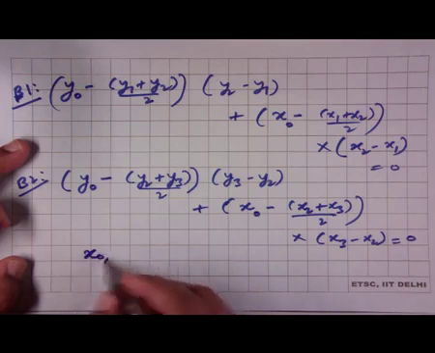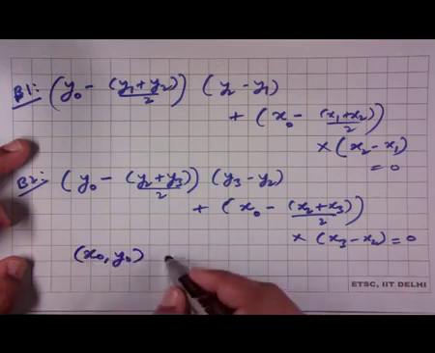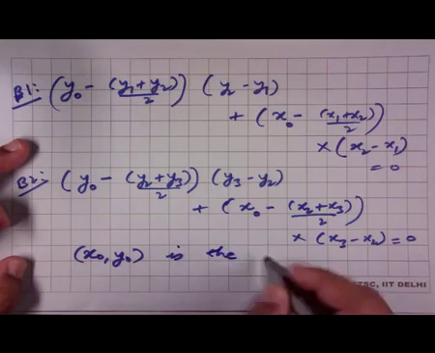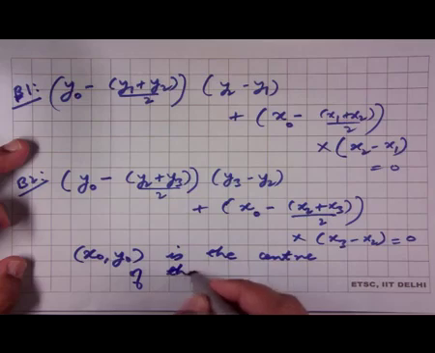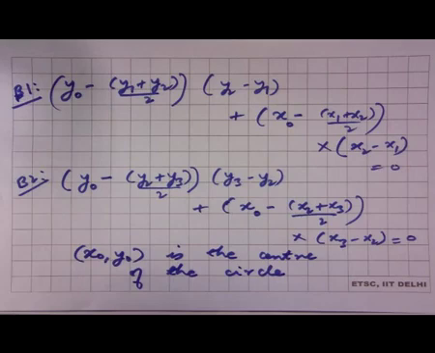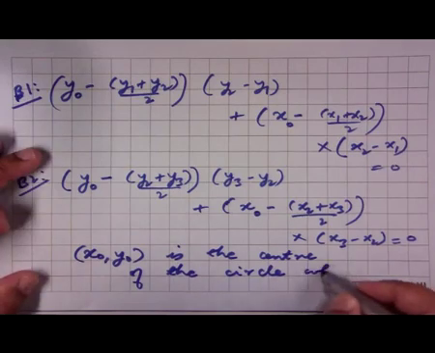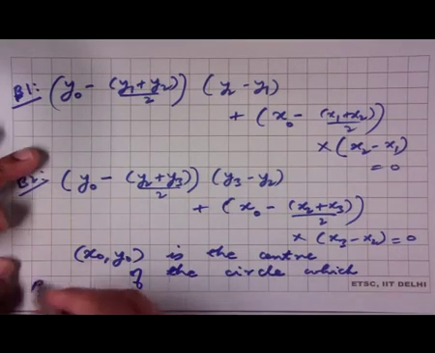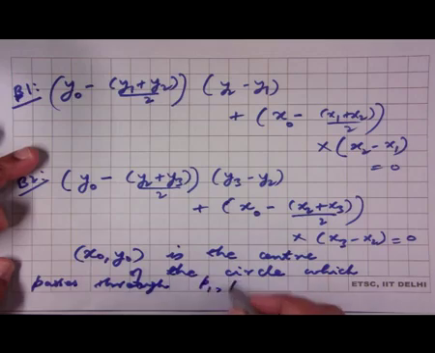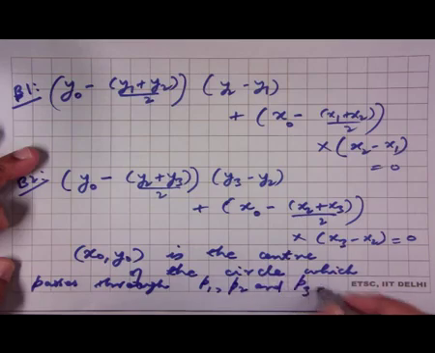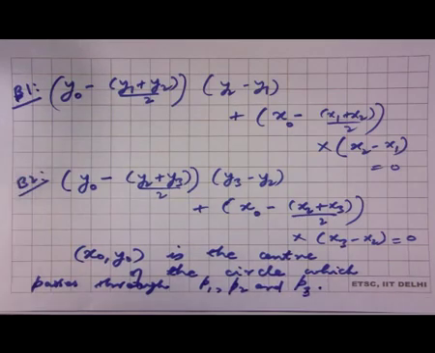So, then x naught, y naught is the center of the circle which passes through P1, P2 and P3.